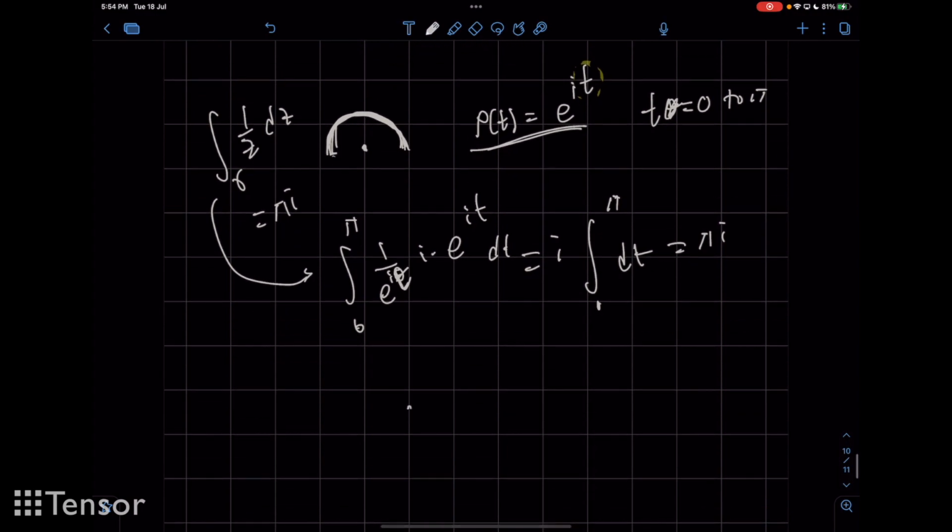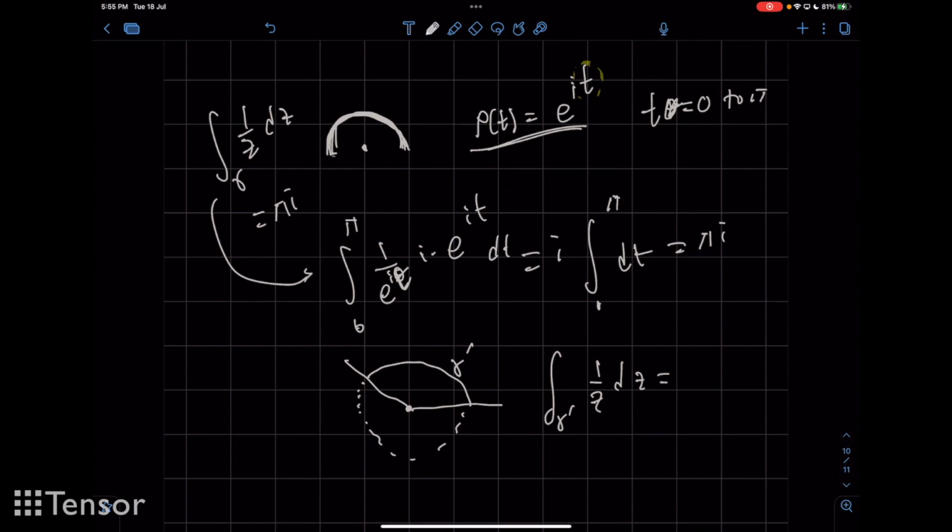Now, what if it's not the whole semicircle, just a part of the semicircle? Then what would the integral be in terms of this angle? Yes, exactly.